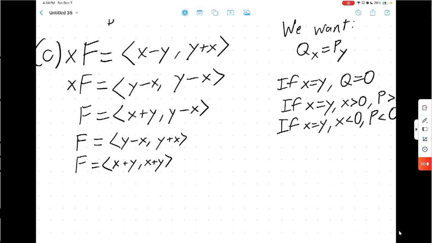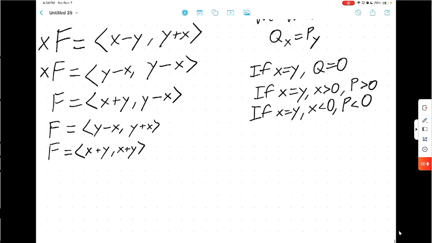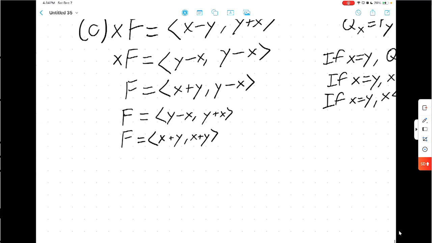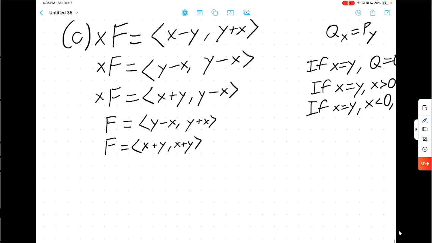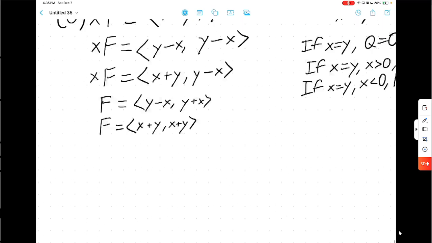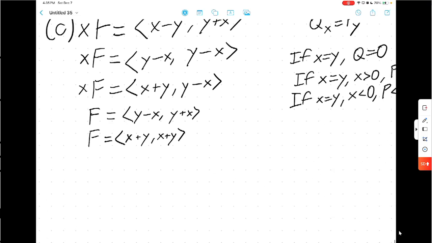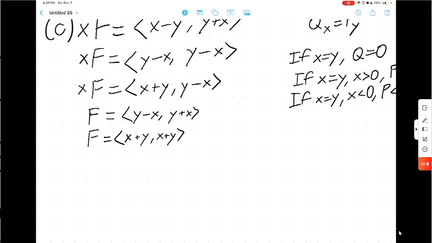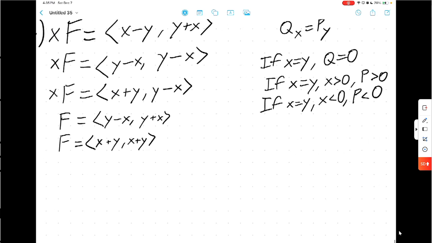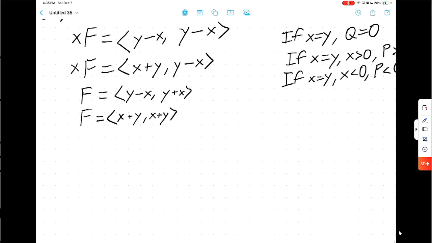Q of x is -1, p of y is 1. P of y is 1, q of x is -1. So those three are all out. Here they're both equal to 1, and here they're both equal to 1. So these are the only two in the running.